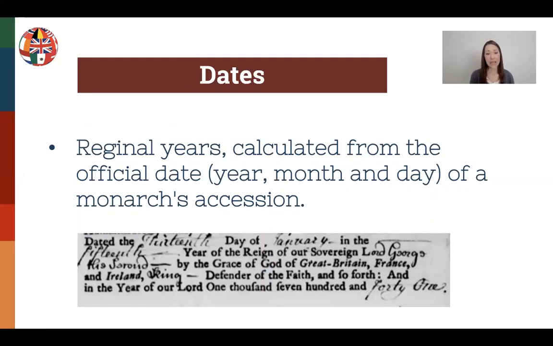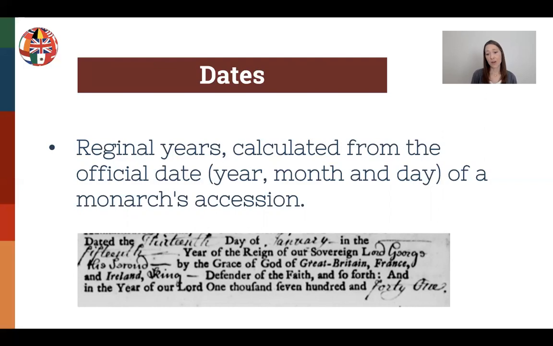Also, dates. You're mostly going to see things that you recognize, that you're familiar with, but every now and then they'll throw in regnal years, which are calculated from the official date, which is the year, month, and day of a monarch's accession. So I put an example here, and it says "dated the 13th day of January in the 15th year of the reign of our sovereign Lord George II." So that's the regnal year.